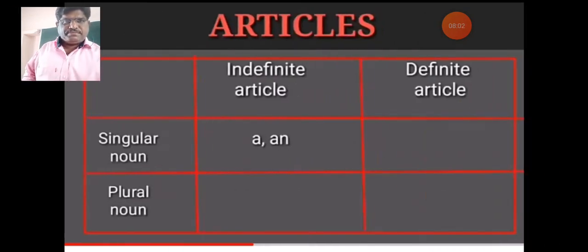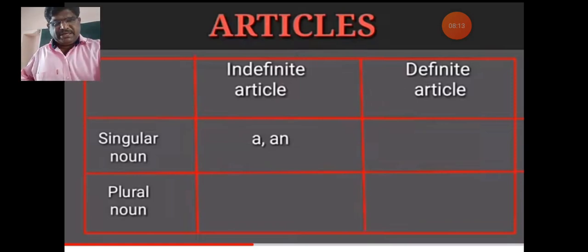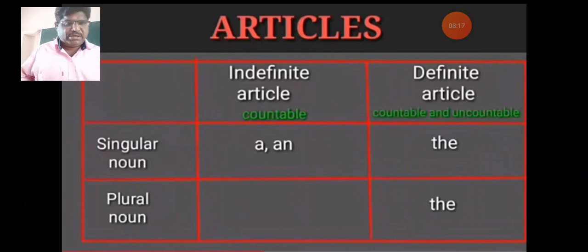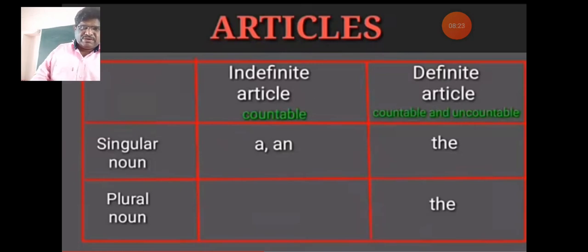Then the definite and indefinite articles with singular nouns: a or an is the indefinite article, and countable and uncountable nouns. With a singular countable noun we use a or an; with an uncountable noun we use the.